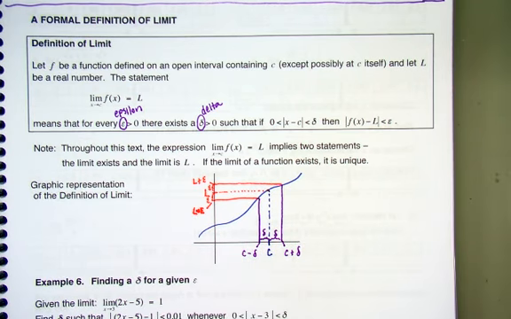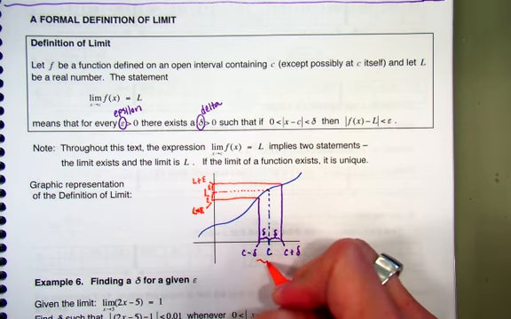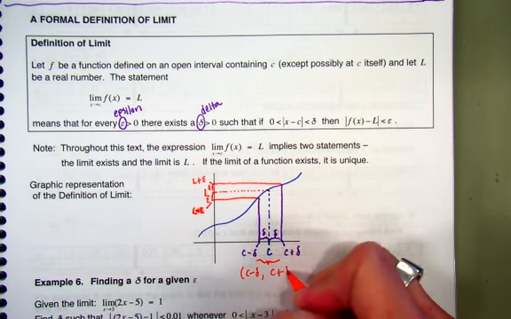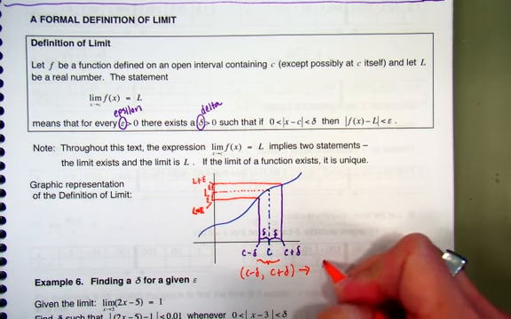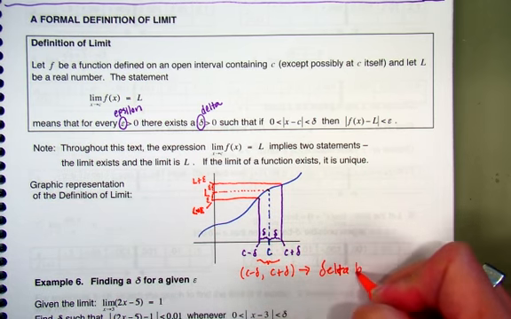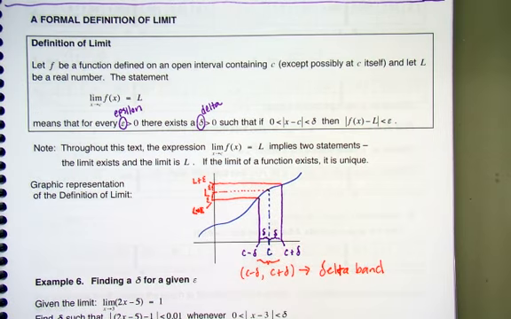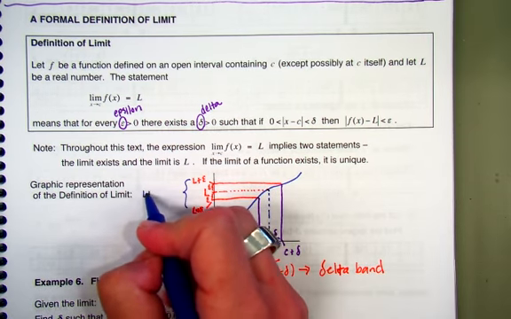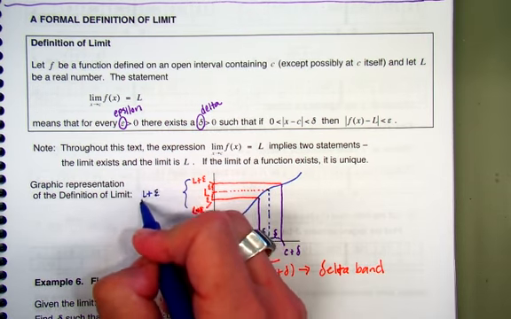We call these bands, not exactly sure why. So c minus delta and c plus delta is called your delta band. And over here, with L plus epsilon and L minus epsilon, that's called my epsilon band.